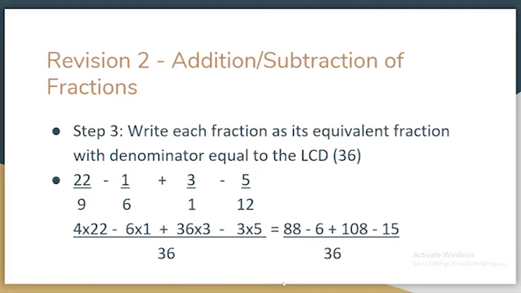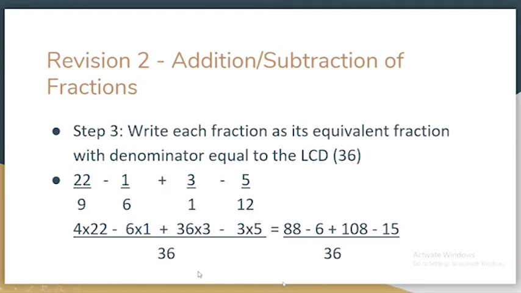Please remember, it's minus, to write back our sign. 1 into 36, that's 36, and we multiply the 36 by 3. Next, 12 into 36. That's correct, 3. And we multiply the 3 by the numerator, 5.